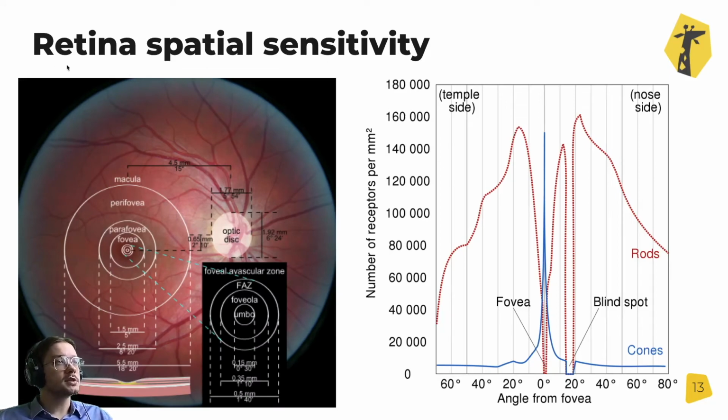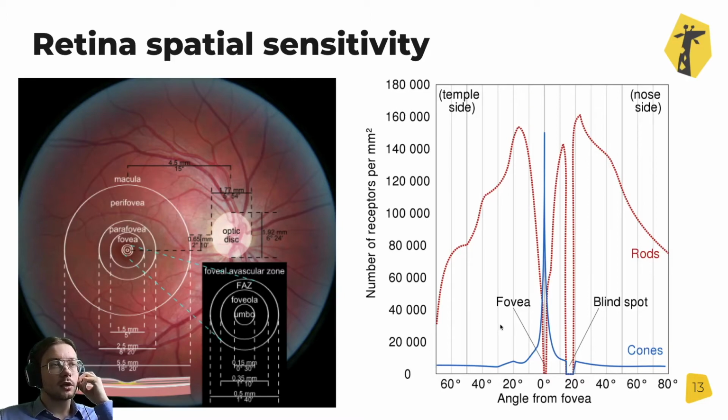And on this slide you see retina spatial sensitivity. On the left we have the bottom of our eye, of our chamber, and it is called the retina. And on the right we have the distribution of density of photoreceptor cells, starting from the fovea.